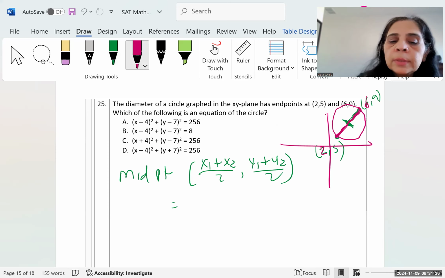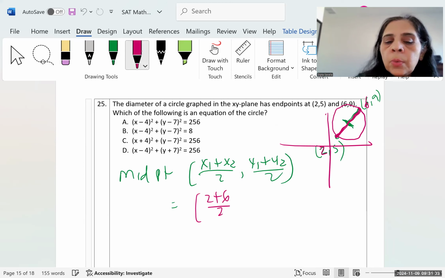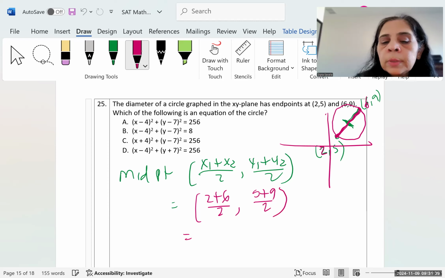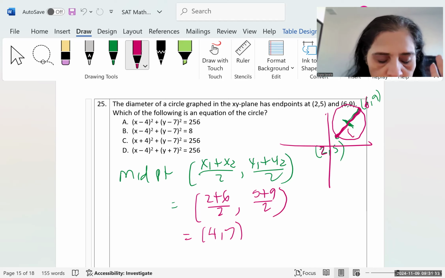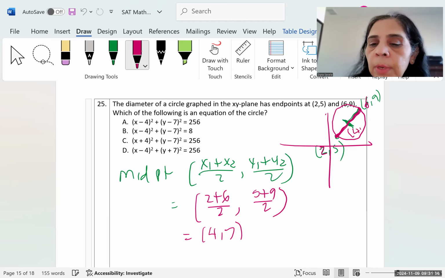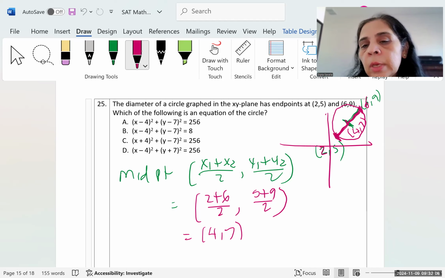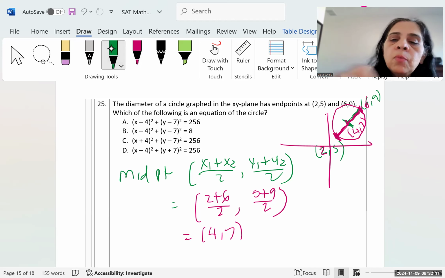So 2 plus 6 over 2, and 5 plus 9 over 2. 2 plus 6 is 8, 8 divided by 2 is 4. And 5 plus 9 is 14, 14 divided by 2 is 7. So the center is 4, 7. And that makes sense as well. If you check the x coordinate, here is 2 and that is 6, so it's in between. And between 5 and 9, 7 is in between. So that makes sense.